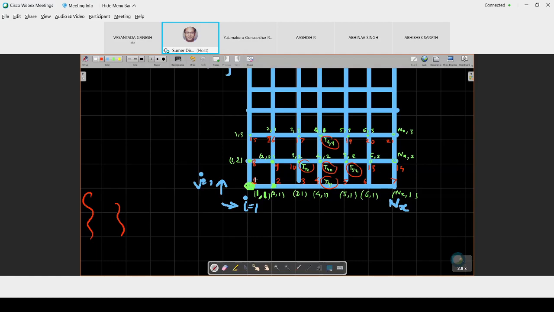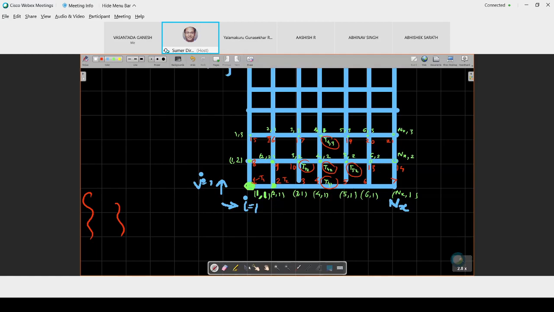So what I want, in single index notation, is to represent the values at the first node as T1, T2, T3, T4, T5, T6, T7, T8, T9, like this, so that I can write a double index notation system into a single index notation system.